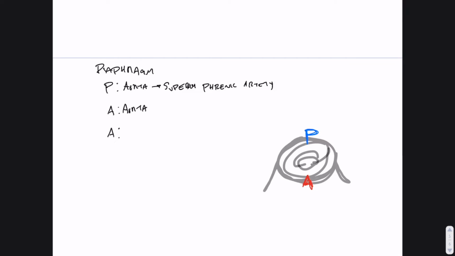Aorta. And you have to remember, what is our anterior pathway? Oh yeah, we take those subclavians. So we're going to go subclavian artery. Coming off the subclavian, we have the internal thoracic artery.